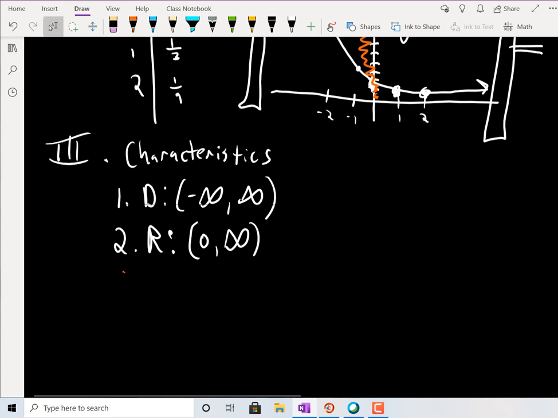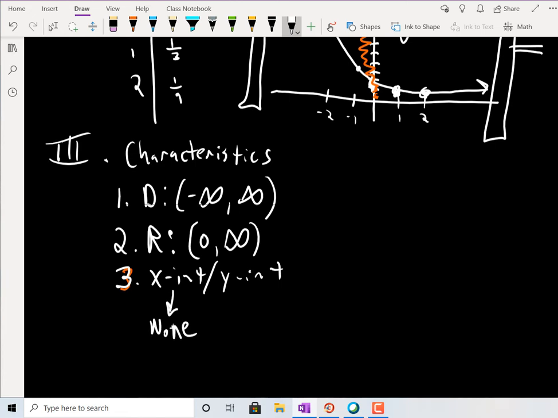What else? X and y intercepts. We're looking at the same characteristics that we find for graphing rational functions or polynomials. For the x-intercept, there is none, because the function will never be 0. For the y-intercept, that's where x is equal to 0, so that'll always be 1.